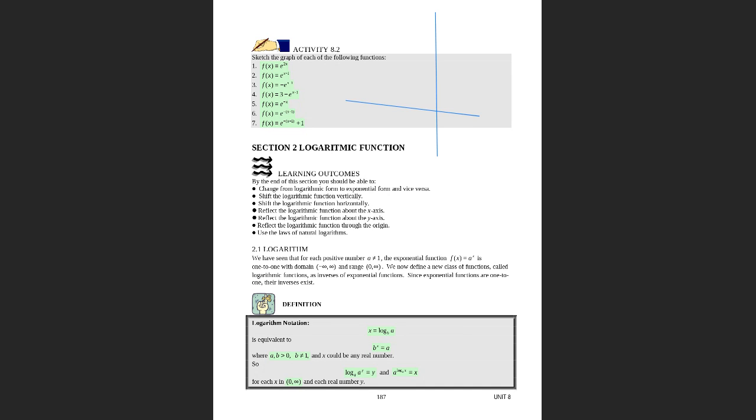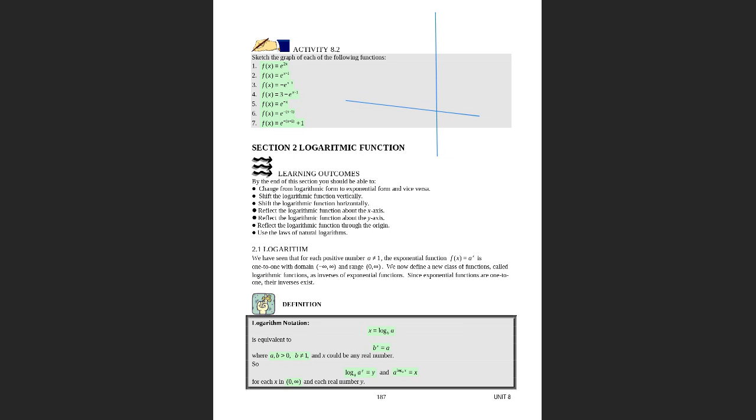The original function is going to be e exponent x.